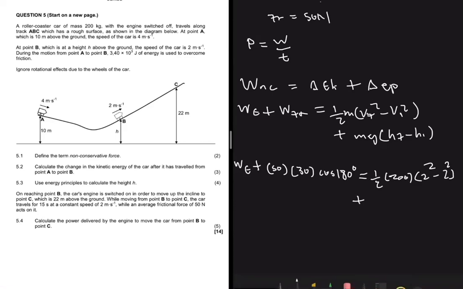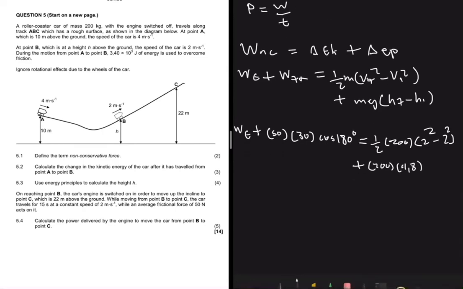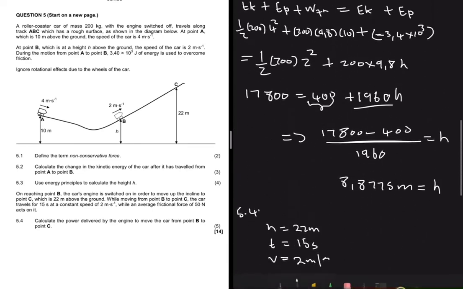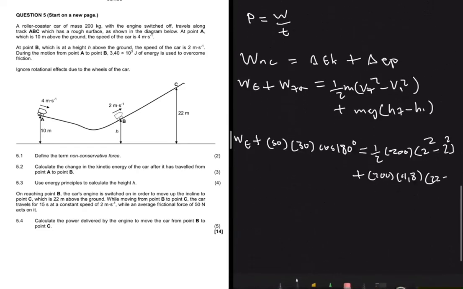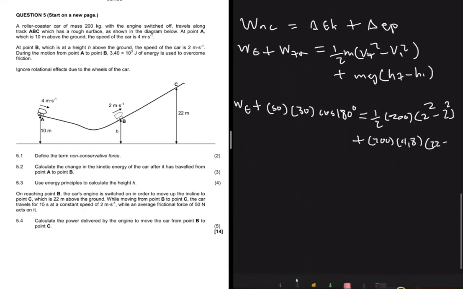And then the change in potential energy, we have the mass of 200 kg, we have 9.8 for gravity, height final is 22, height initial is what we calculated, 8.8775. I hope you can see that.